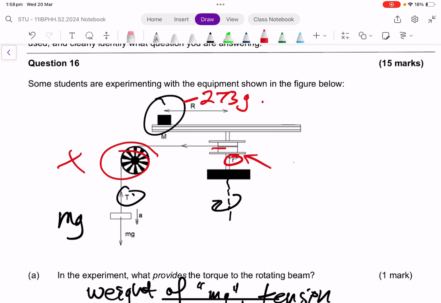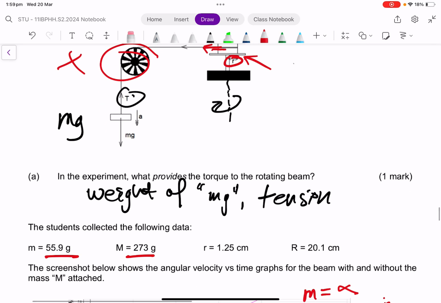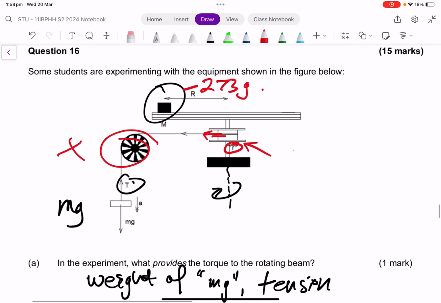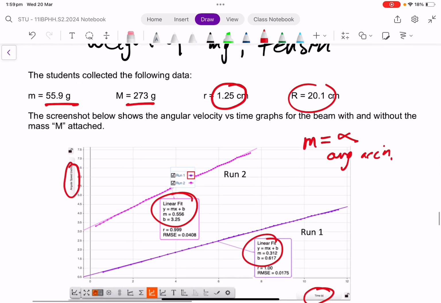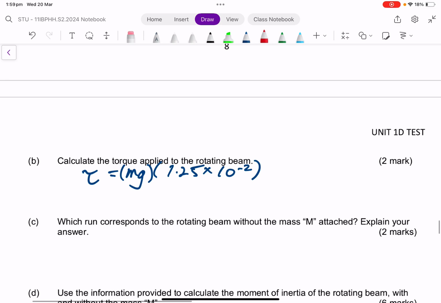The radius here matters because that is where this tension force is acting, and you are given that as 1.25 centimetres. Big R, 21 centimetres, is that distance. The distance between the big removable mass and the axis of rotation. Here we go then. So, if I continue working that, so it's 55.